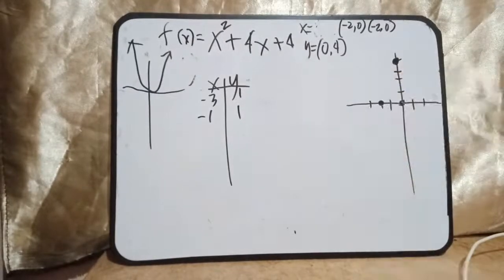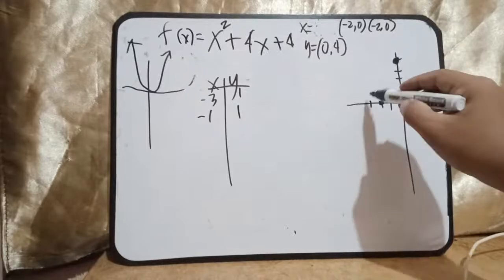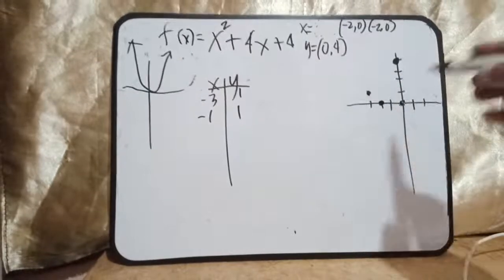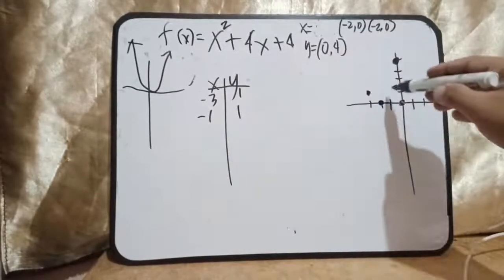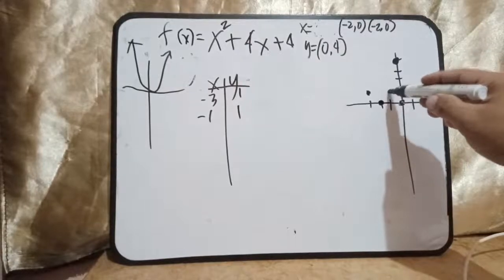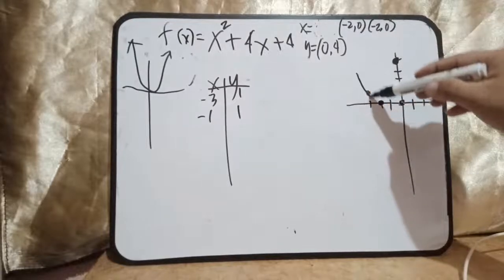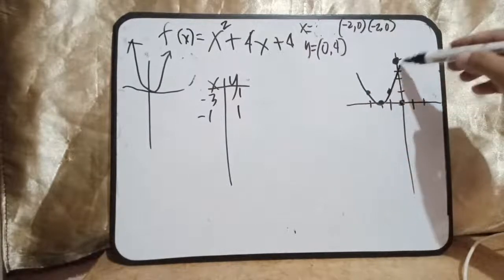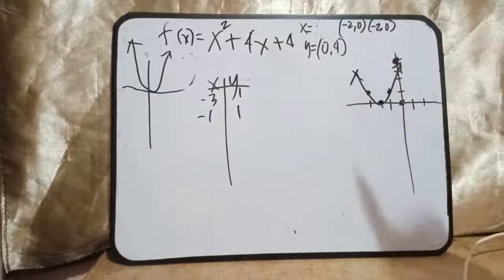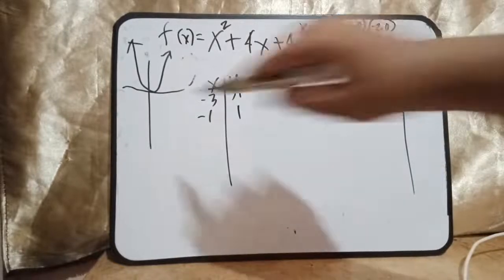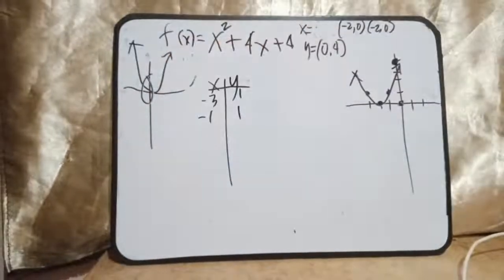Mali siya. Dito siya dapat. And then negative 1 and 1, so that is here. Therefore, when we're going to plot the line, it must be like that. Therefore, our prediction is correct.